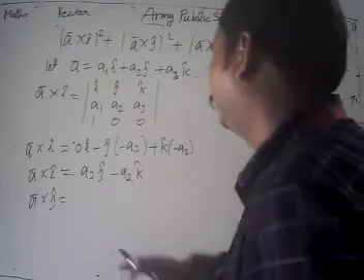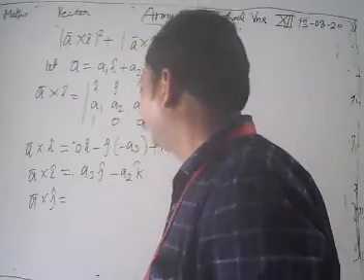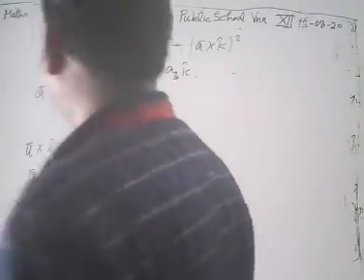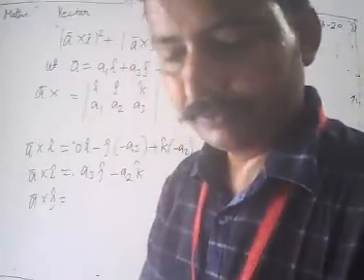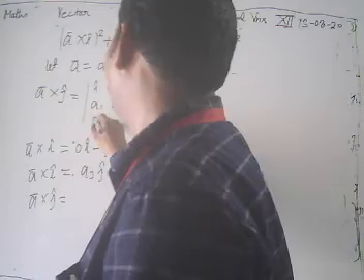First of all, we are not going to use the direct method. We are going to find them one by one. First we get vector A cross i. Now we get vector A cross j, with 0, 1 and 0.